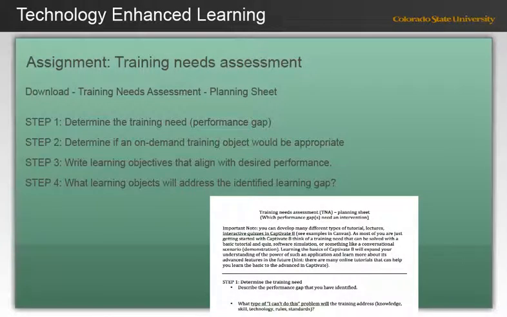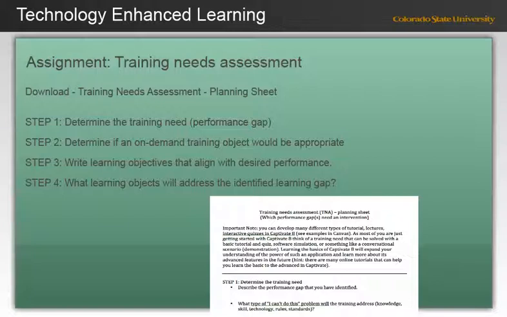So for the assignment this week, what I'd like you to do is to download the Training Needs Assessment Planning Sheet that I've provided. You can see a screenshot of it here on this slide. Make sure you read the note at the top that says Important Note. I'll cover that as I talk here. But there are 4 steps that I'd like you to consider in the planning phase.